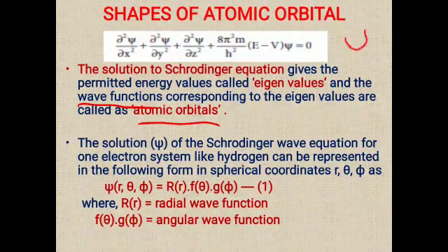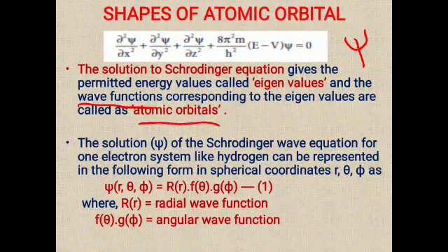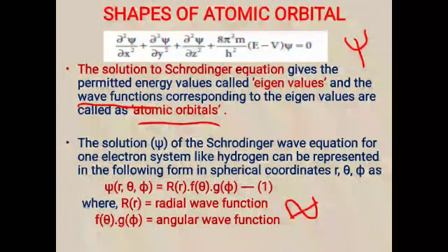Wave function is denoted by the symbol psi. We assume that the electron in an orbit is traveling in the form of a wave around the nucleus. That wave may have some amplitude. Amplitude means the height. Crest and trough make a wave, and the height of the crest is the amplitude. For example, if a wave is like this, we have a very small amplitude.